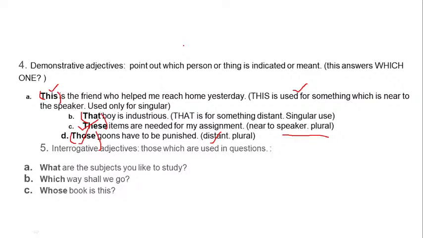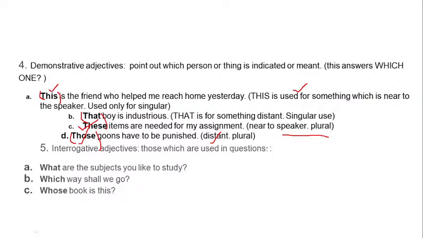If it is near, this one or these ones. And for something which has to be pointed out, that will be that. That is the person who helped me. Or that boy is bad. That boy is good. Those are the people who came to our house. Exactly, like that.